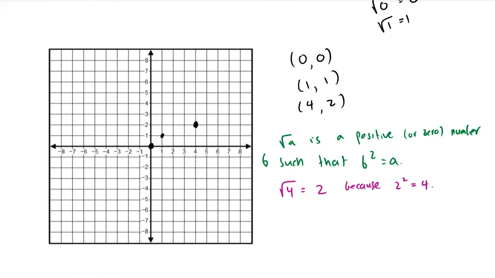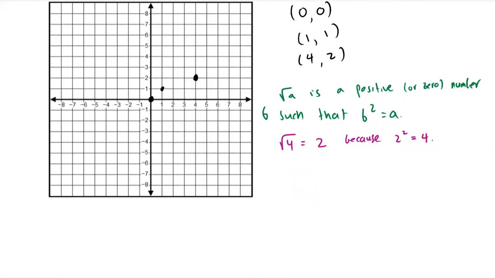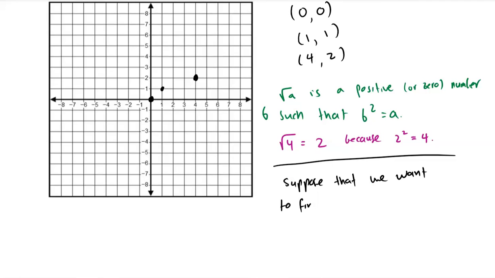Now, also because of this, we can't actually include in our domain values of x that are negative. Why? Suppose that we're trying to find, and I'm going to do a specific case, but it works for any negative number, the square root of negative 1.